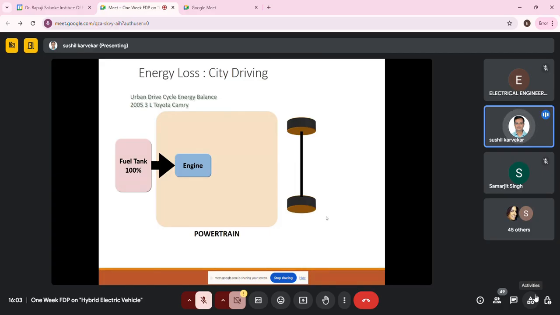Now the next part which we are going to consider is about the energy loss, and this energy loss comparison is going to be done between IC engine based system and EV based system. So these two systems are present. So let us understand.